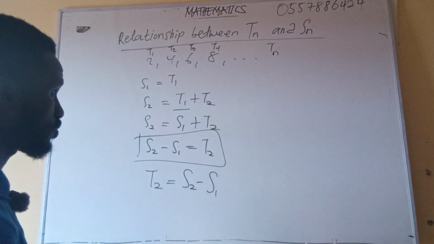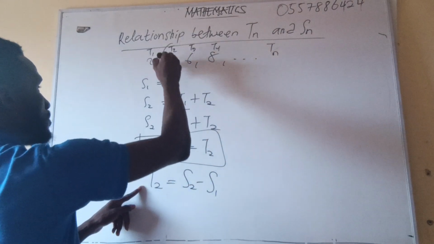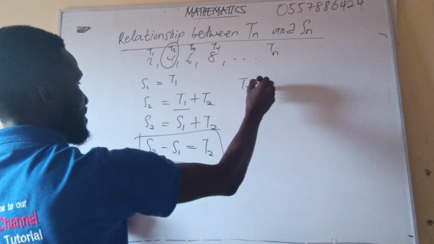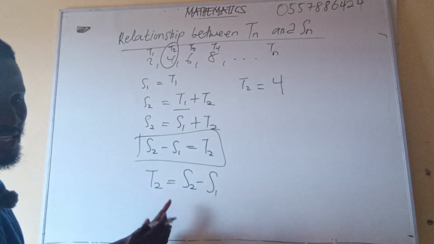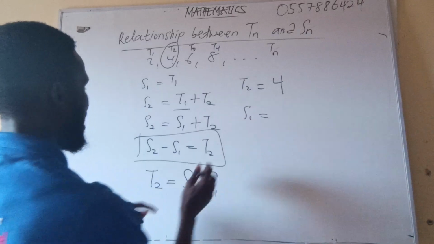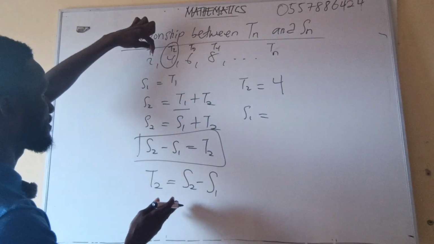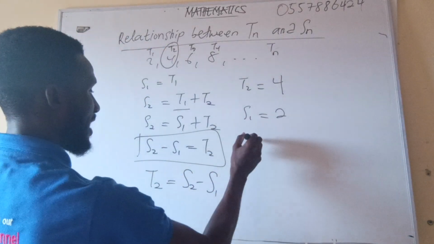Let's confirm whether it is true. What is T2 in this particular diagram? T2 is 4. I want to confirm whether this is true. Now, what is S1 in this diagram? S1 is T1, that is 2. Now, what is S2?